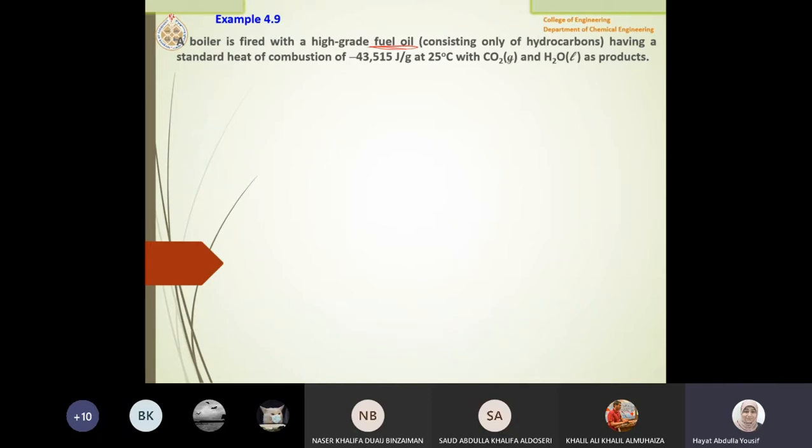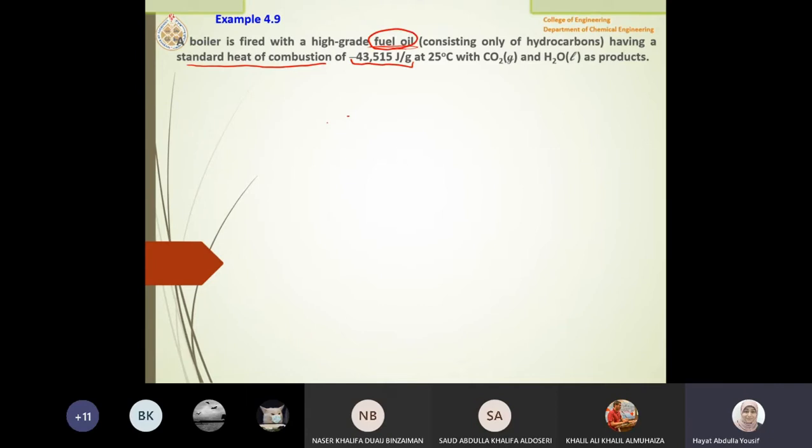They say that this fuel oil has a standard heat of combustion of this amount. Remember that the standard heat of combustion is normally taken from the appendix. If I have the name of that fuel, I can get its standard heat of formation or combustion.